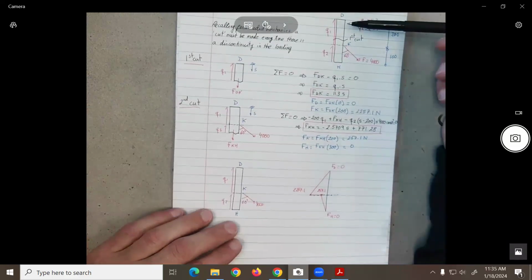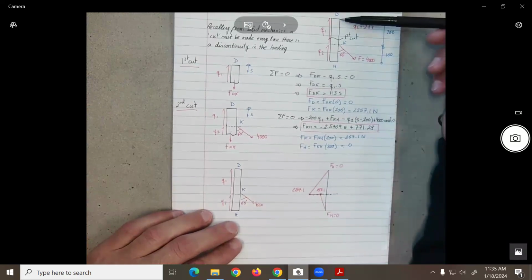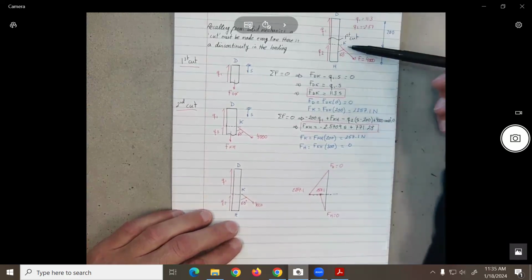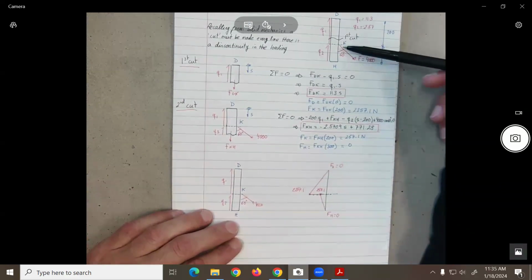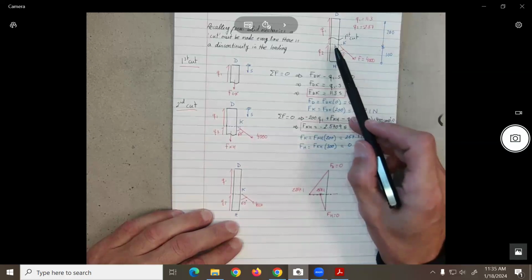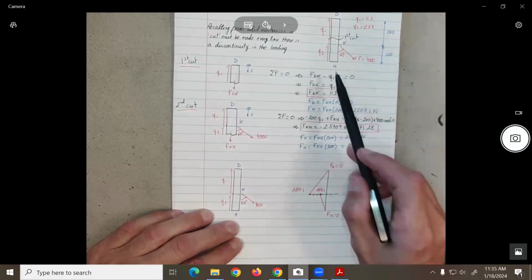So when we look at this being DKH, from point D to point K, this load over here has still not been applied to the stiffener. And then as soon as you get to this point, because the force is being applied, it's going to create a discontinuity over here.